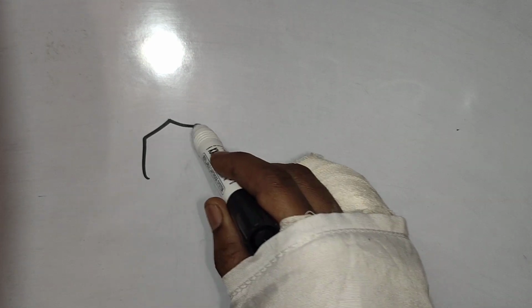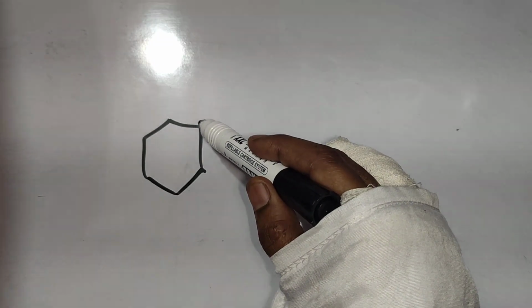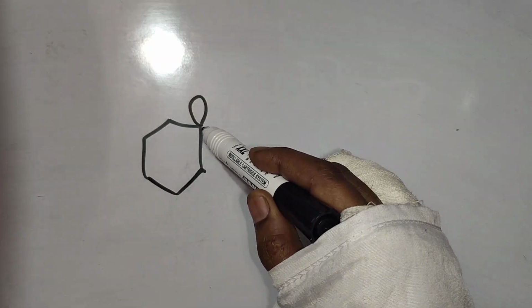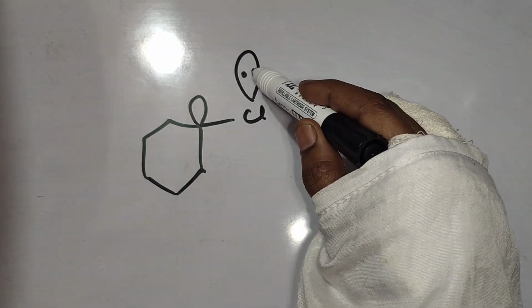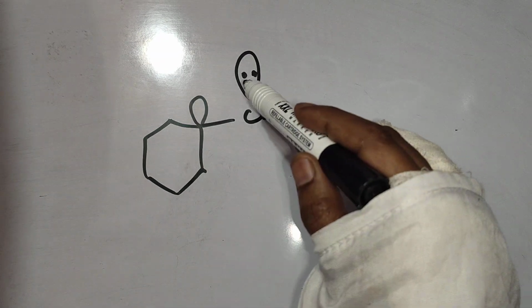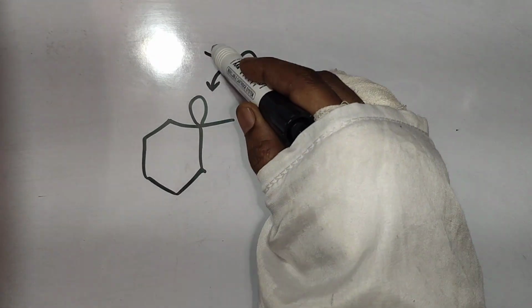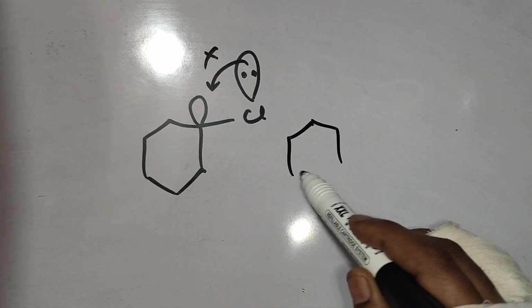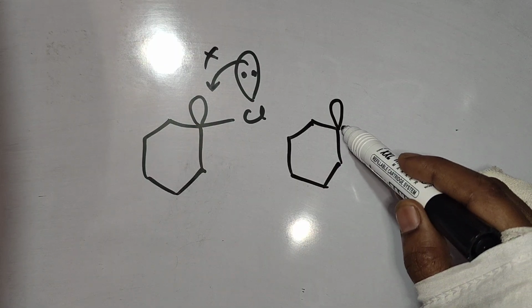If I draw them, I will not draw everything, I just need to make you understand. This is the orbital of carbon and this is the orbital of chlorine, lone pair, bigger as compared to carbon. So proper overlapping is not there. As we go to bromine, this is a vacant orbital of carbon, same size.